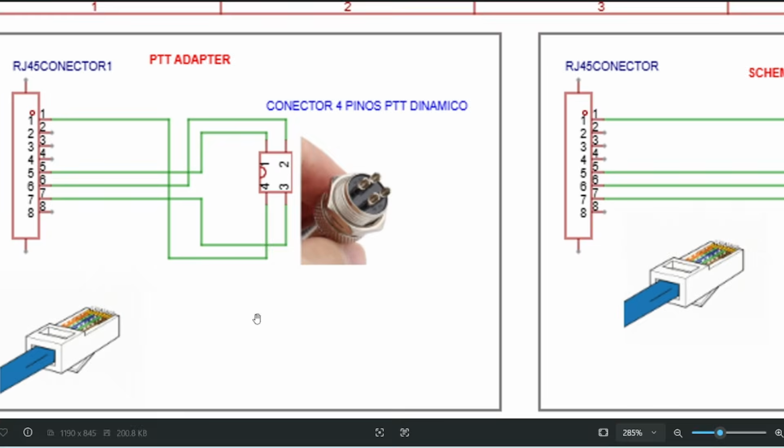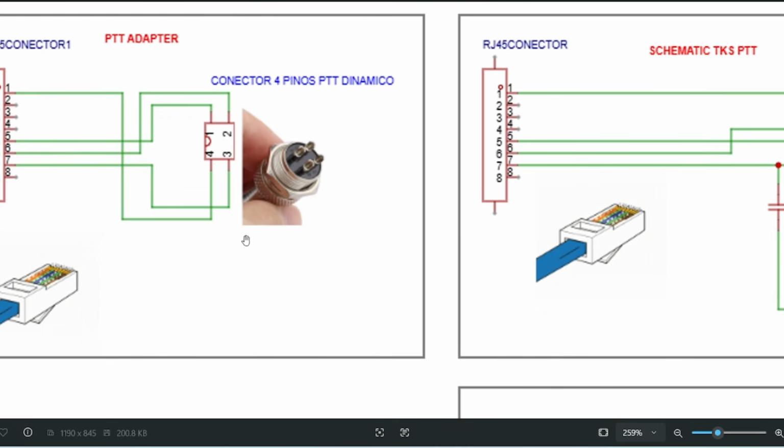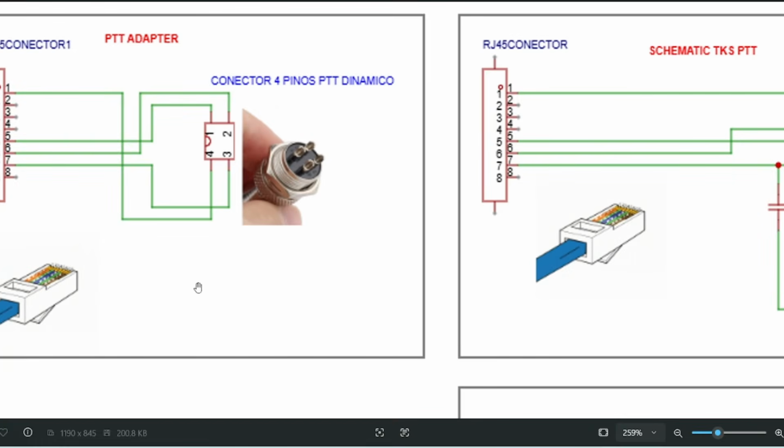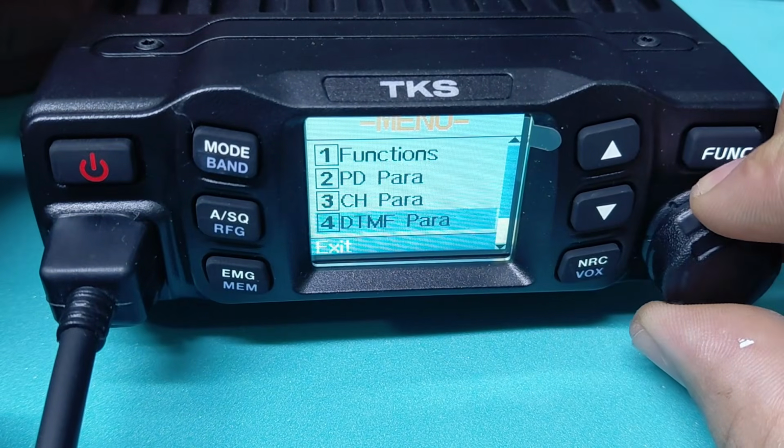I just wanted to provide a quick reminder that to properly use this specific adapter with a standard conventional 4-pin PTT, you need to navigate into the radio menu and adjust the capsule type. You will need to switch it from electret to dynamic in menu option 1 of the radio. After that, you will need to navigate into the menu and adjust the PTT type you are currently using.